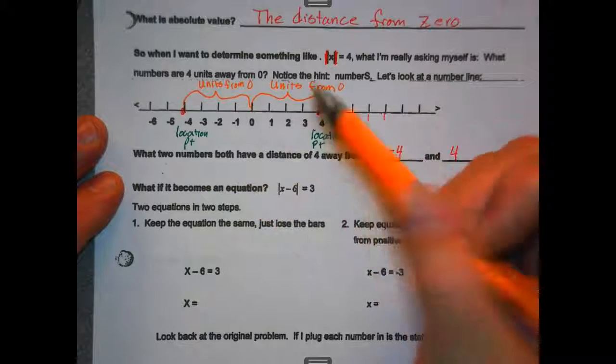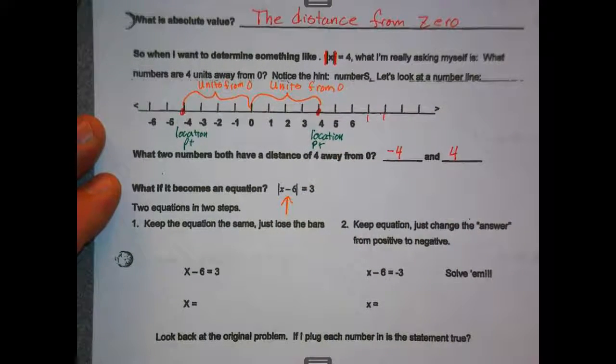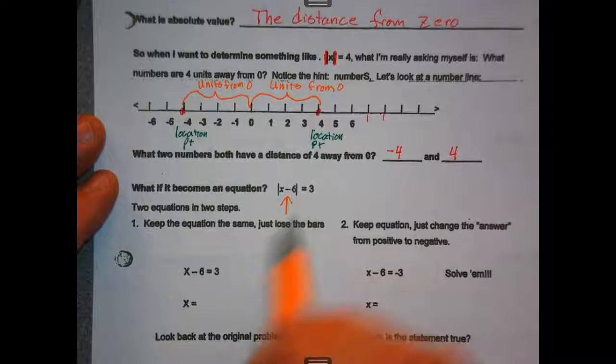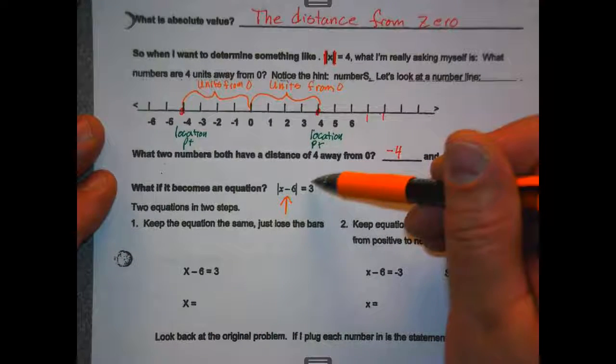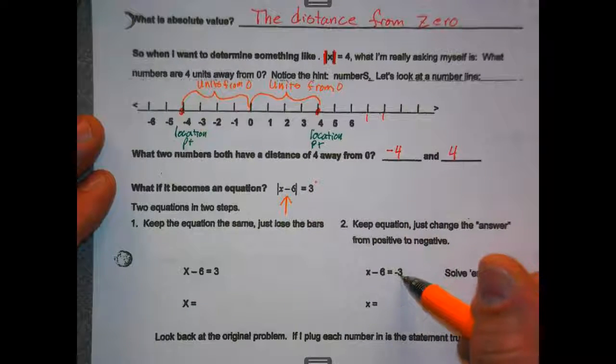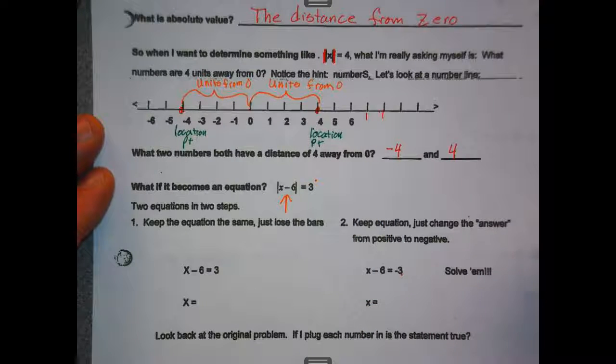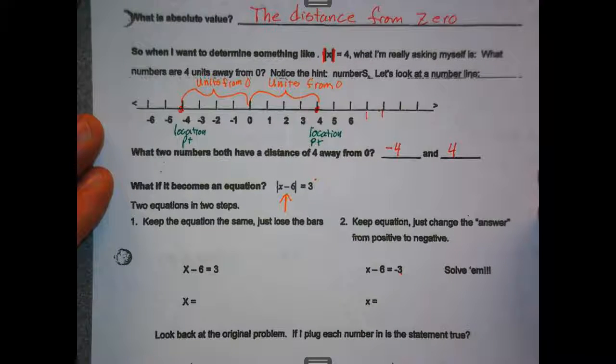We're going to take what's inside, x minus 6, and either that's going to equal the positive 3, because this is where it ends up, or it can end up at negative 3. So with absolute value equations, you will always get 2 cases to solve.